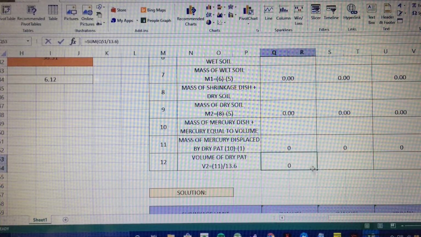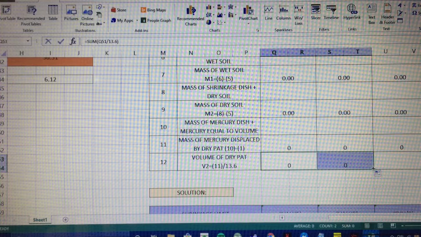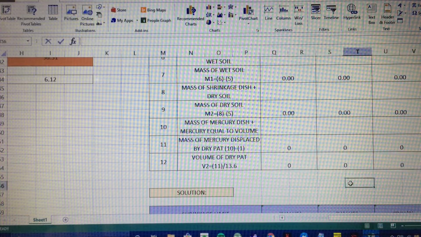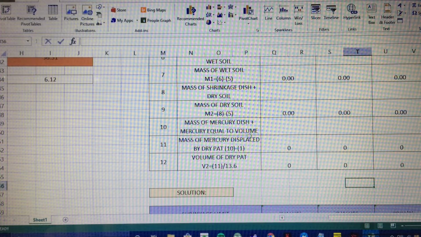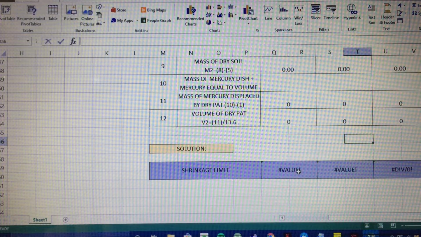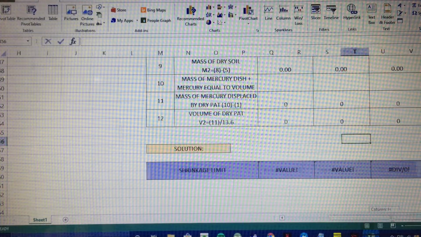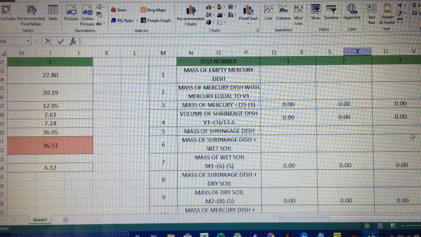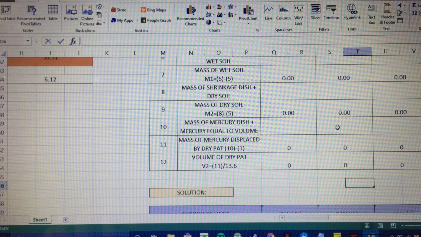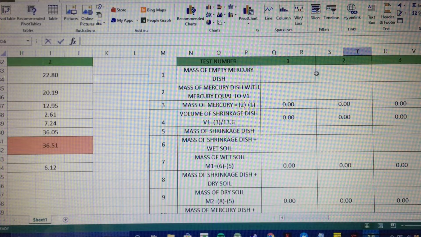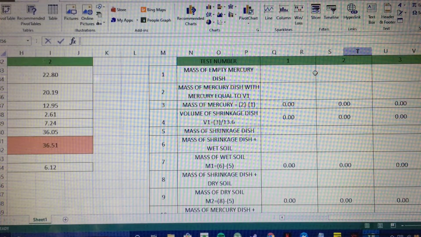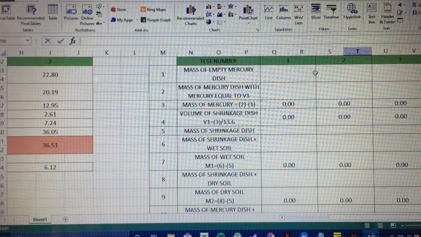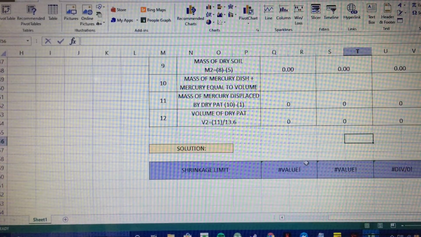Yun. So, lalabas na din agad dito if ever meron ng values dito. So, dito, wala pa talaga siyang lumabas kasi diba wala naman tayong data dito. And I really don't have any idea kung anong range ng mga numbers ng data for this table. Kaya, nag-blank space ko lang just to make sure.